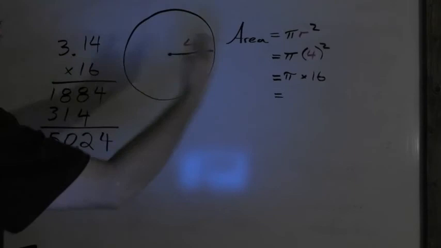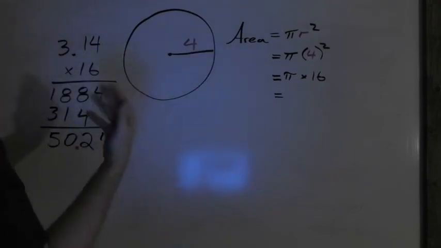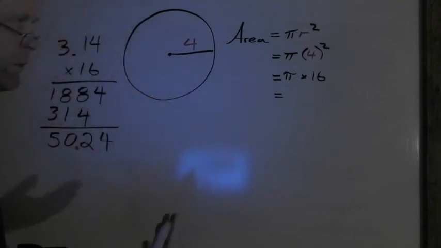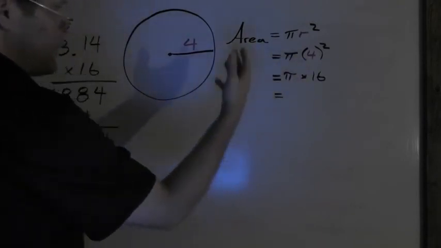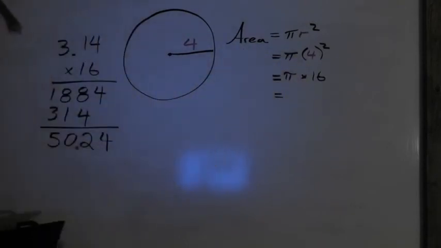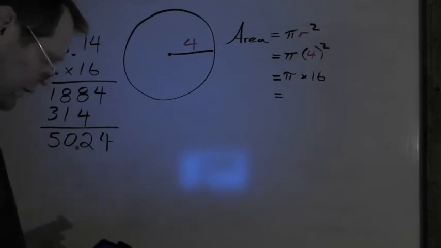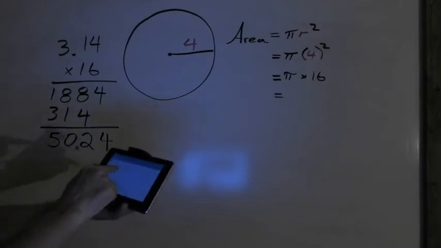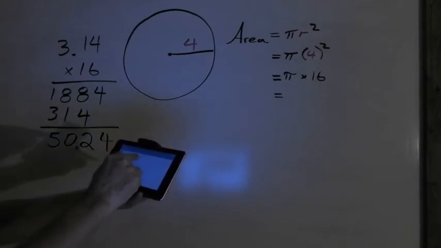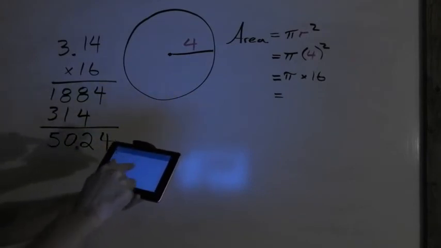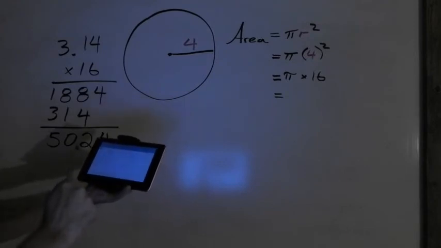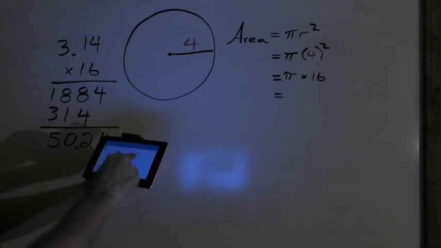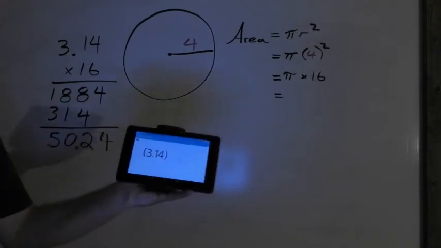This is all the intelligent portion. This is the human intelligence here. We've come up with a formula. We decided which formula to use. We've plugged into our formula. This is the mechanical, and the calculator is very, very good with the mechanical. So I'm going to put in here 3.14, and I am going to multiply that by 16.